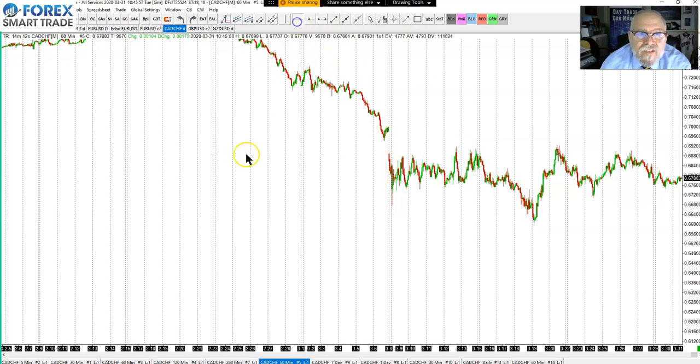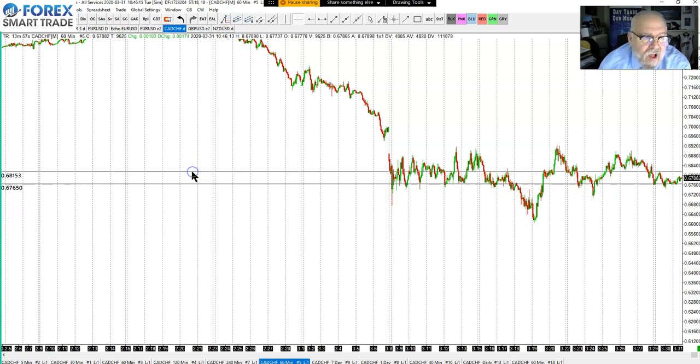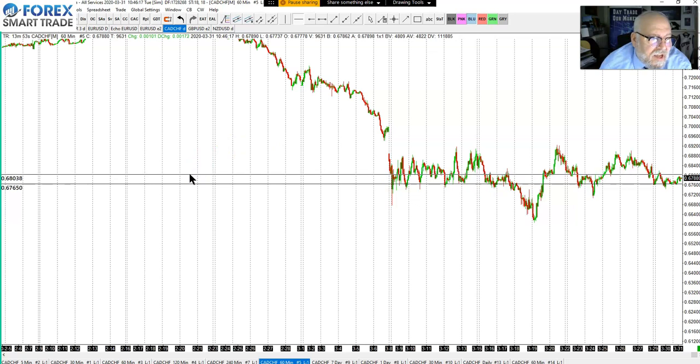So support and resistance, I am looking for spots where the lines touch, where the lines seem to stop. So right in here, the line stops. Right in here, the line stops. Line stops here, stops here, stops in here. On a 60-minute chart, these lines tend to be about 30 pips apart.